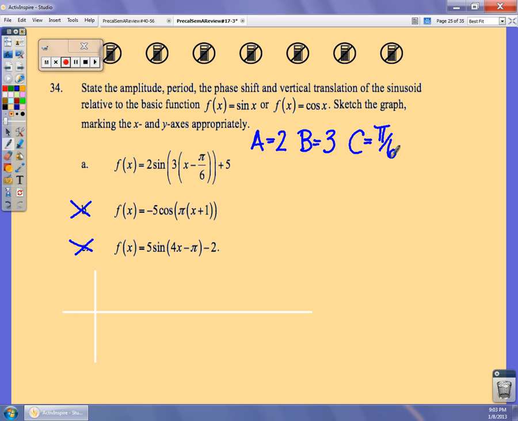Notice it's the opposite of what you see in the equation, and a D value equal to 5. Now, what we want to do is take those and translate those into things that we can put on the graph. So what we need for the graph is a max, a midline, a minimum, and a period.